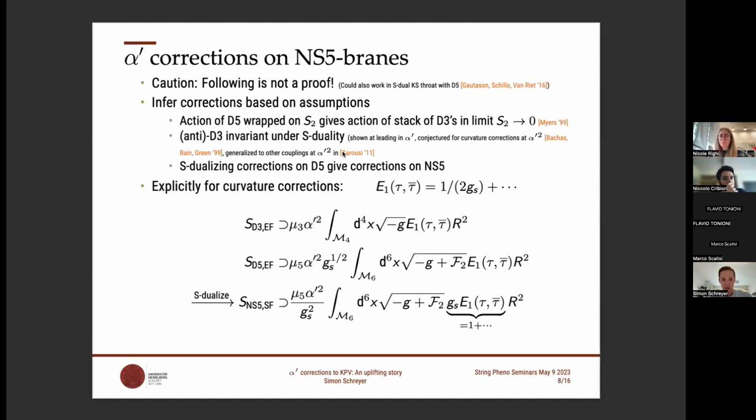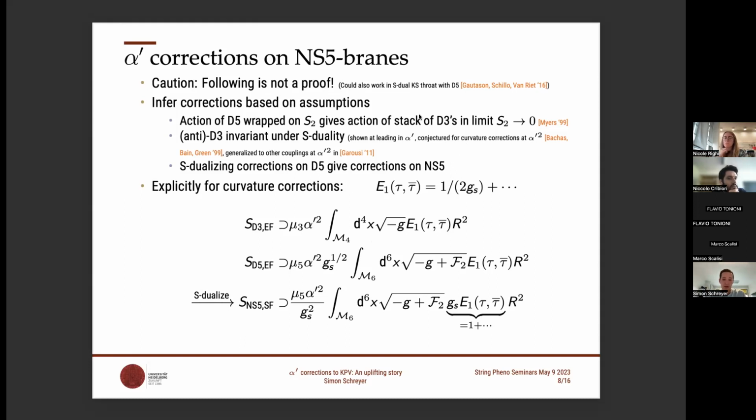Let us be more explicit and look at, again, the curvature corrections, where we know how the actions on the D3 brane look. This is from the paper by Bachas-Green, where they write down this S-dual invariant action for the D3 brane, and E1 is an Eisenstein series, so it goes at leading order like 1 over g_s.